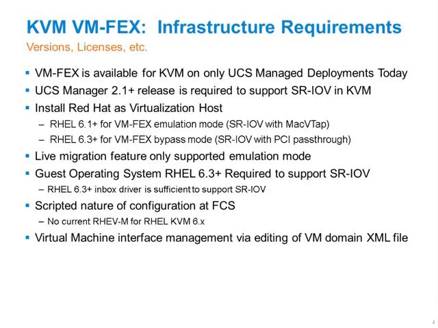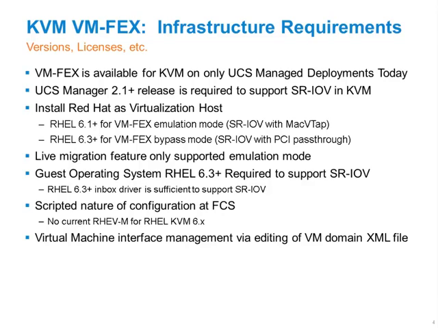In bypass mode, virtual machine traffic bypasses the MacVTap interface and places I/O directly on the physical adapter. Bypass mode requires Red Hat Enterprise Linux version 6.3 and above, and it can achieve better I/O performance.